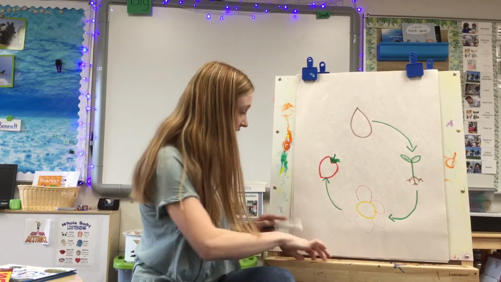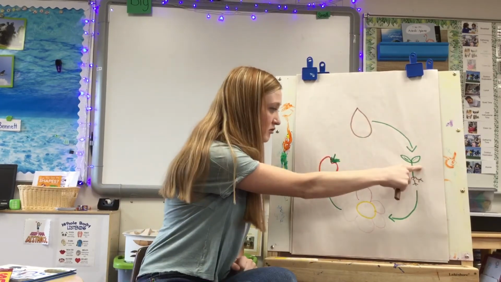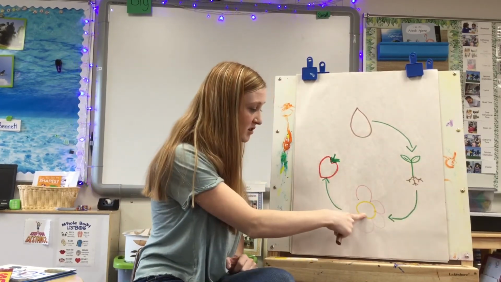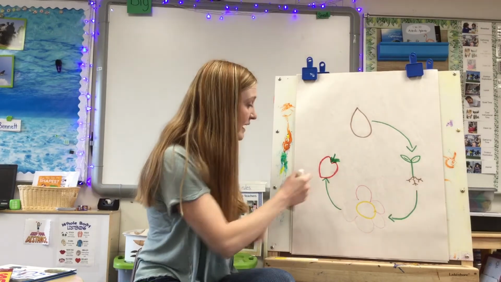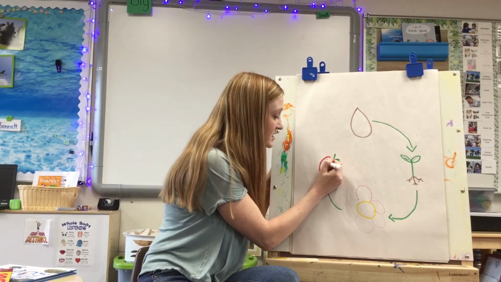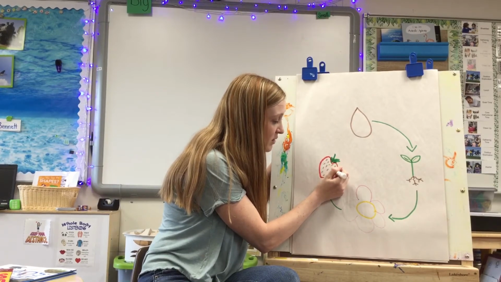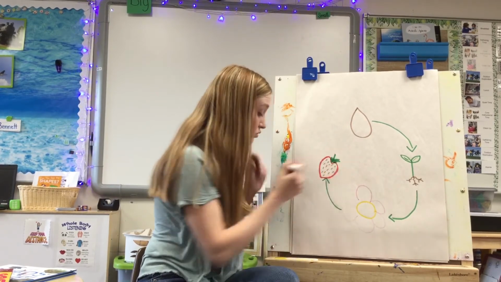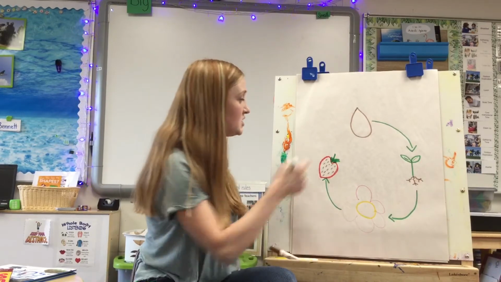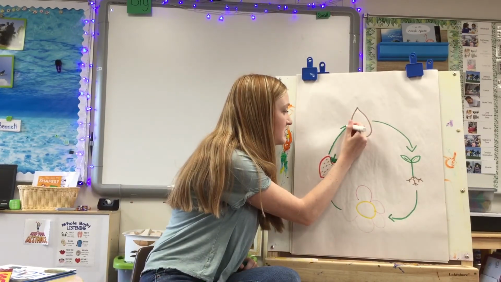So, this seed grew into a sprout. The sprout grew into a flower. The flower grew into a strawberry with lots of other little seeds on it. Now, one of those seeds is going to grow into another sprout.